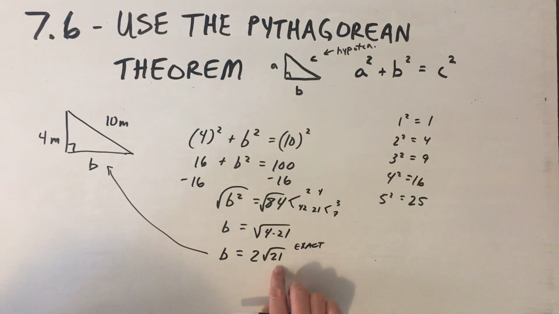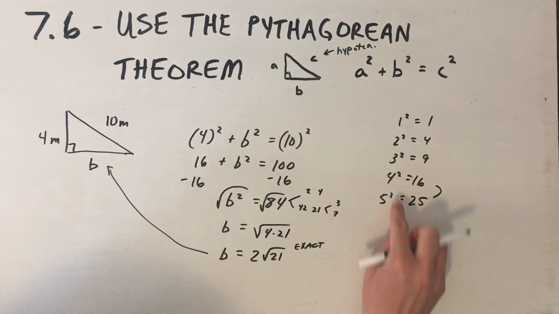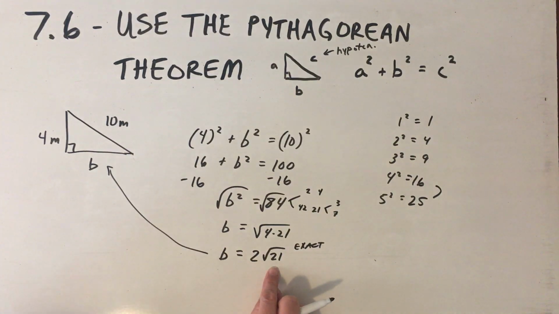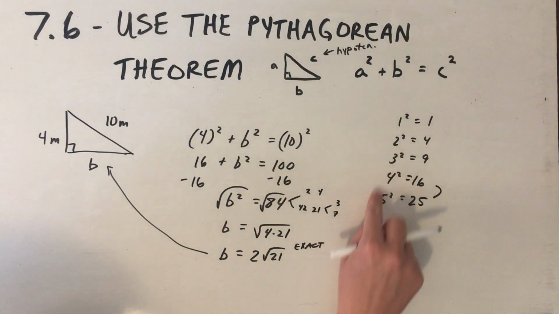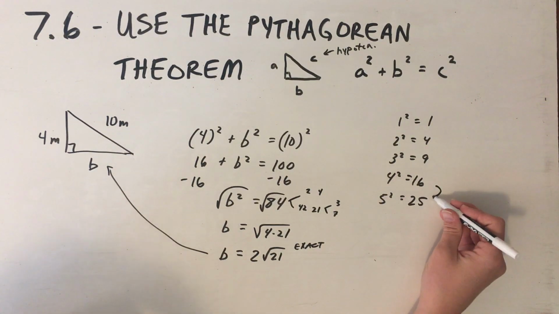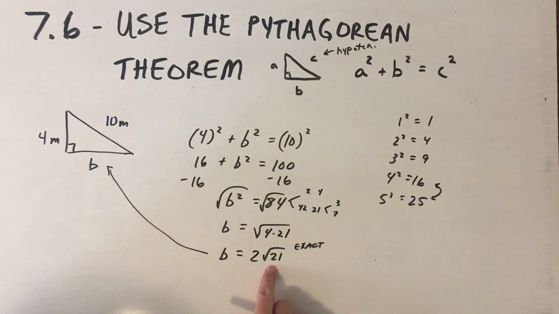Well, the square root of 21 is somewhere between here, so we're looking at a number between 4 and 5. So the value of the square root of 21 is somewhere between 4 and 5. Okay, so let's just say it's 4 times 2. So this is going to be somewhere between 8 and 10 meters. Okay, for an approximation. Again, that's just to kind of give yourself an idea of what this measurement actually means.